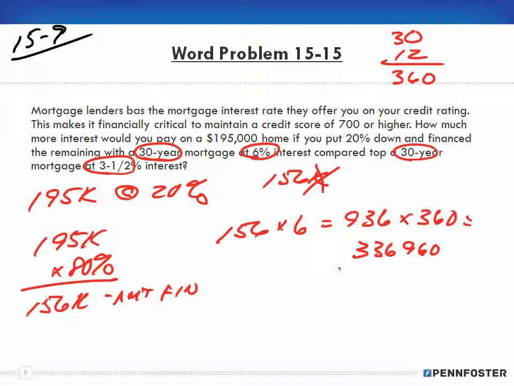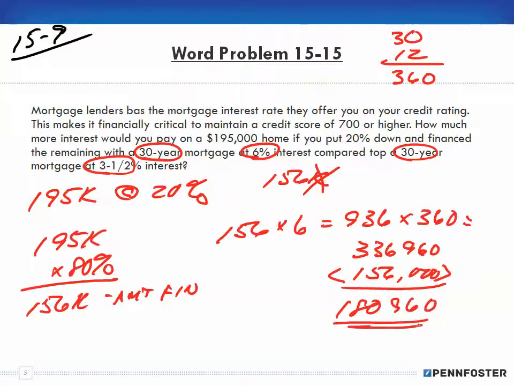And if I subtract out the 156,000, I end up with 180,960 in interest. I'm going to write that up here, 180,960 in interest. Okay, so that's for this one here.